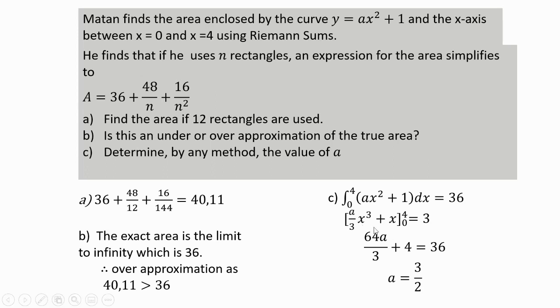And I can then solve. So I would find my integral and sub in, and I would get what A is equal to. Okay, so look out for something like this. You don't have to do the full Riemann sum, but it does give you the area, which means now we can work out all answers.